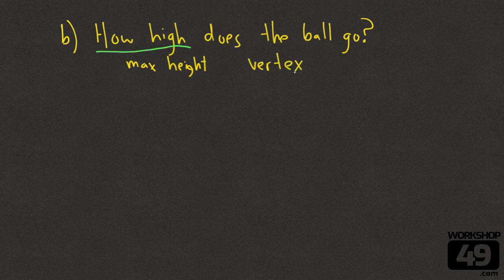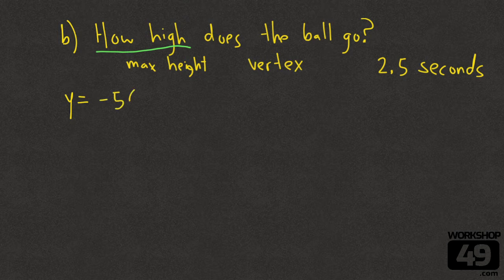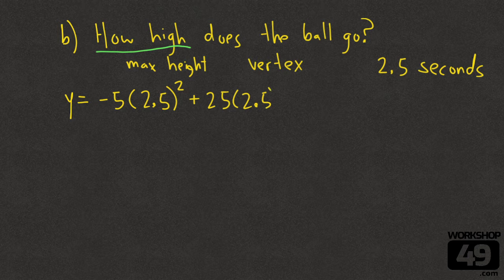Well, we've already solved the x value of our vertex, so to get the y value of our vertex, we actually just fill in that 2.5 seconds that we solved previously in for x. What we're going to end up with is y equals negative 5 multiplied by 2.5 squared plus 25 times 2.5 plus 2.